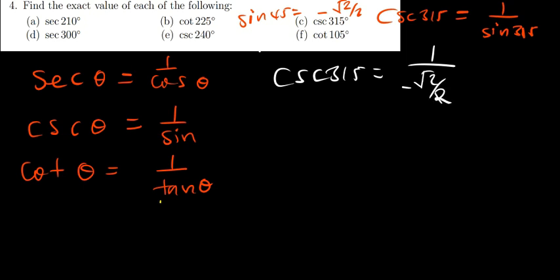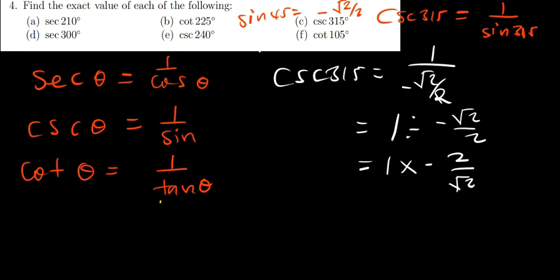This is the same as 1 divided by negative root of 2 over 2, which is 1 times 2 over root 2, but there's a negative, so the answer is negative 2 over root 2. That's the answer for this. Okay, so it is not something that is complicated, no, but if you follow the simple steps, it's going to be easy for us to do that.